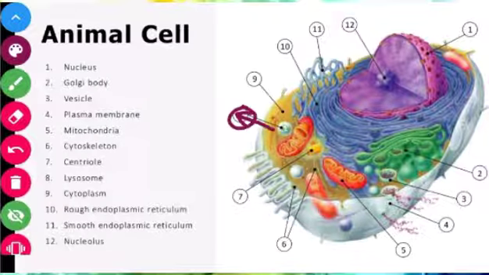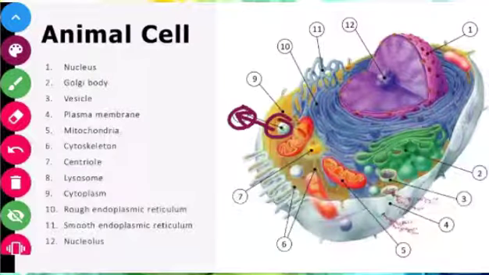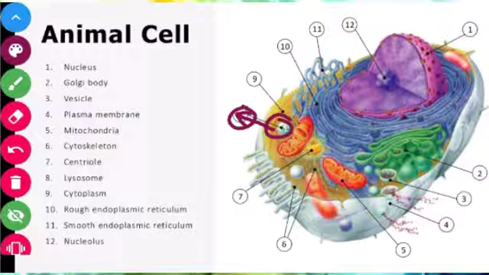Why is it called suicide bags? Its main function is to digest the unwanted things in the cell, and sometimes if that particular lysosome itself is not working properly, then it engulfs and destroys itself.